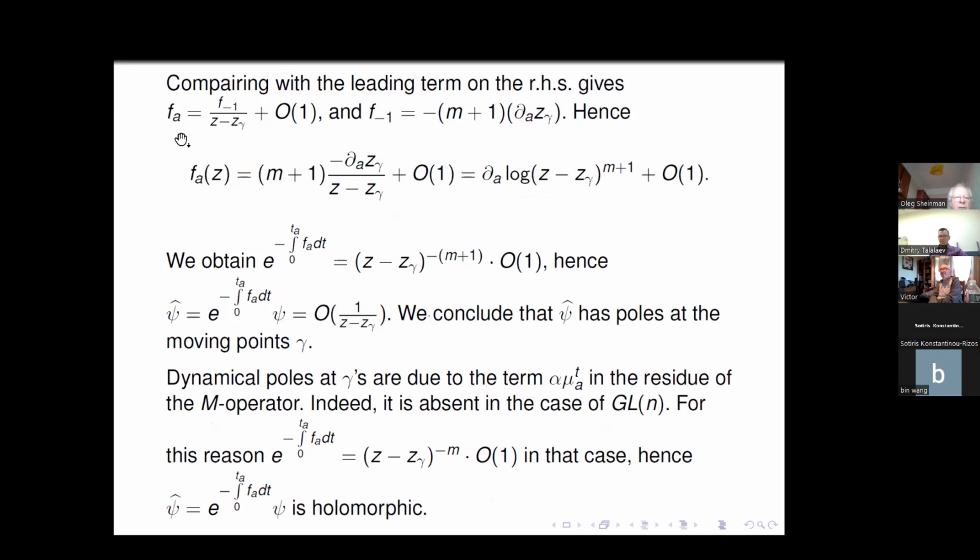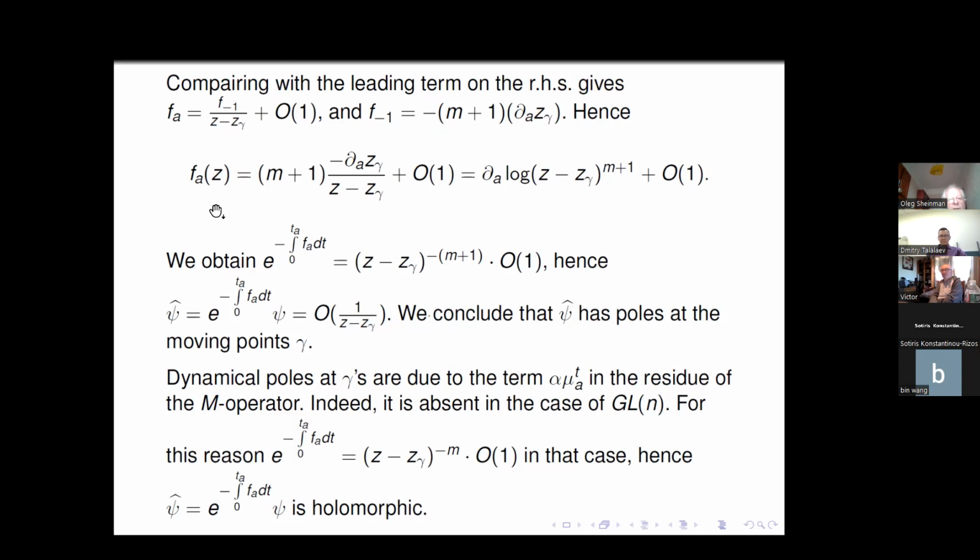We write down this relation expressing the fact that FA has a simple pole, and from the previous it follows that f-1 is equal to this expression.